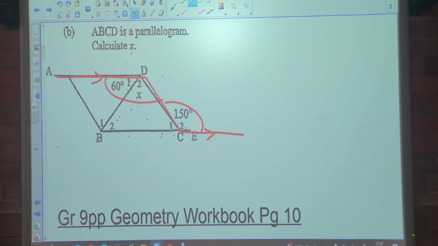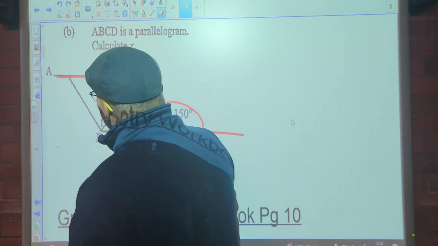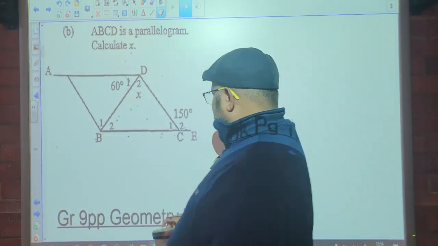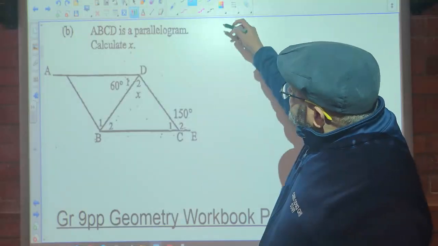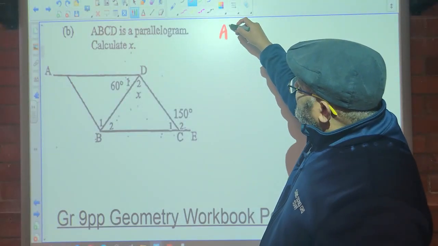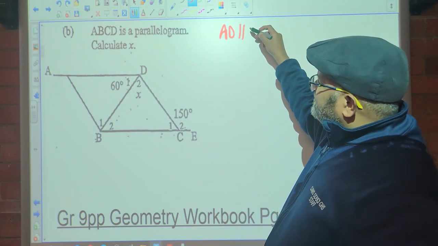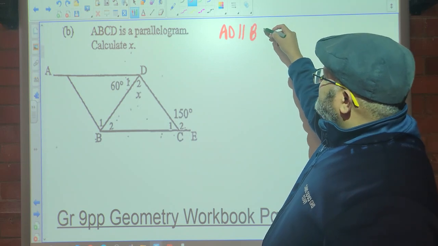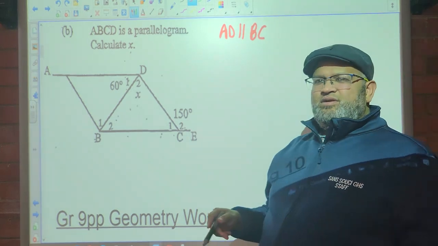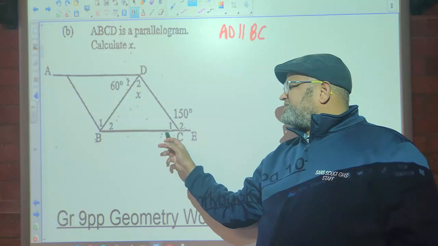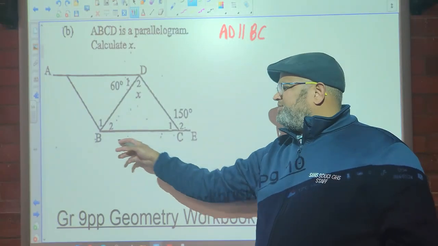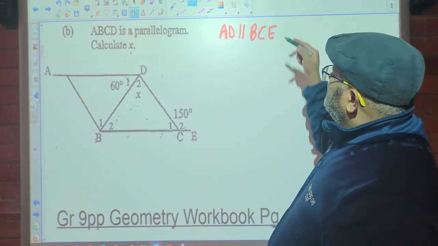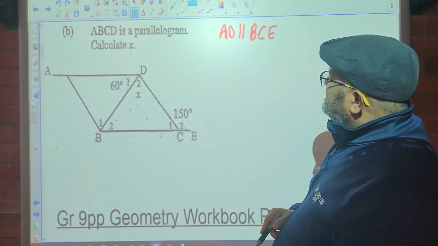But we can't go straight into it because there are no parallel lines marked on the diagram. We must qualify it first. Okay? So we firstly got to say that AD is parallel to BC. But BC is the same as BE or BCE. Why is that the case?